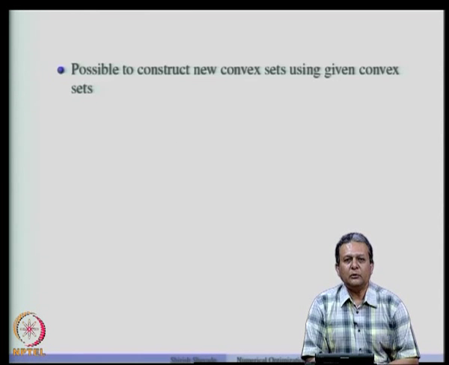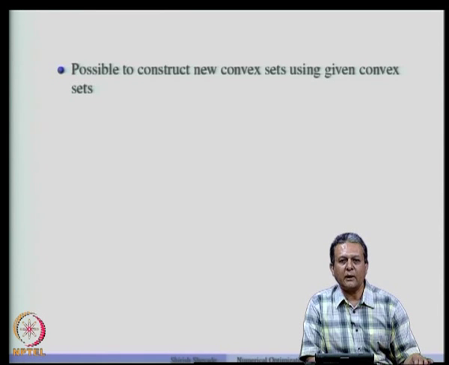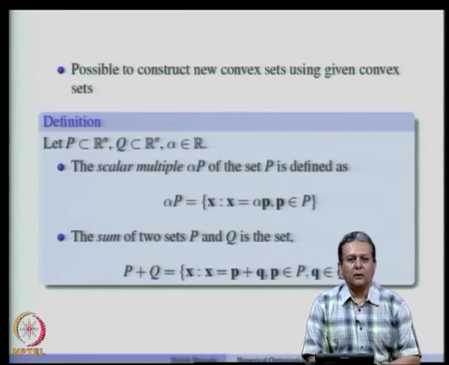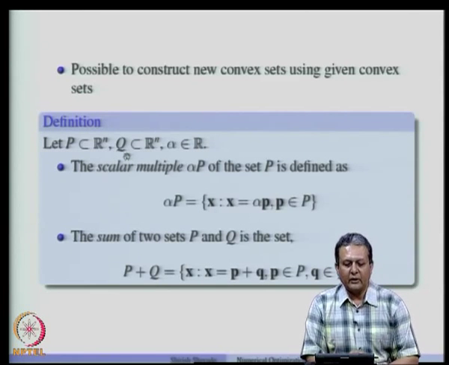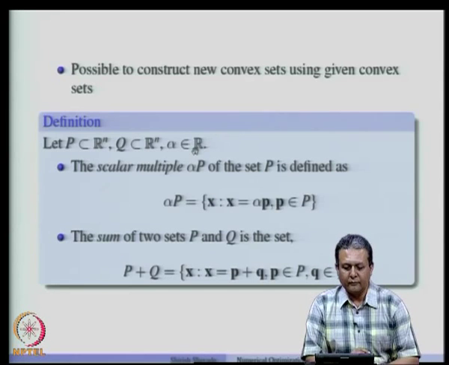Now, it is possible to construct some new convex sets using given convex sets. So, we will have some ways to derive new convex sets from the existing convex sets. Before we look into those details, let us look at some definitions. Let P and Q be subsets of Rn and let alpha be a real number.